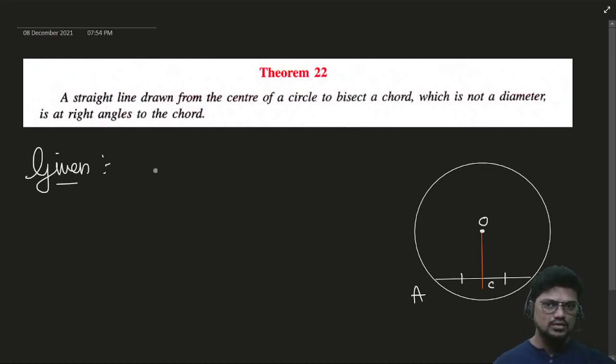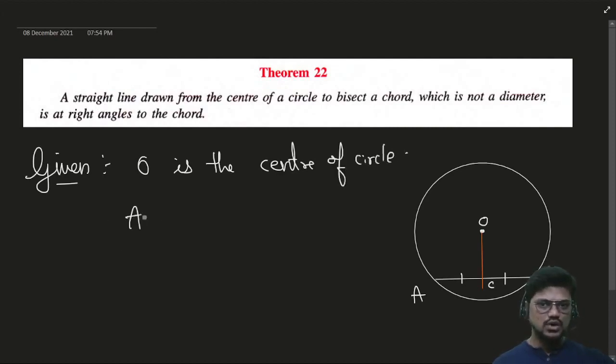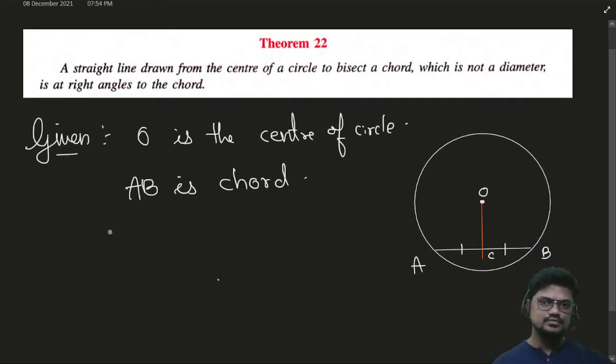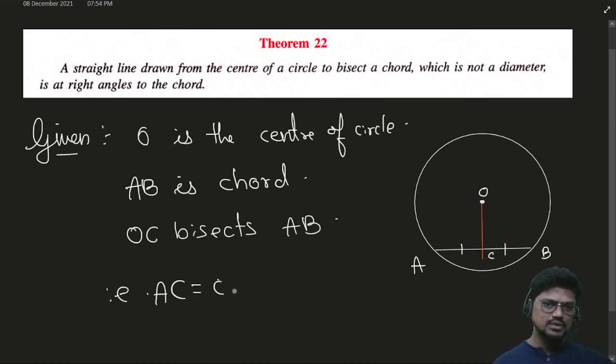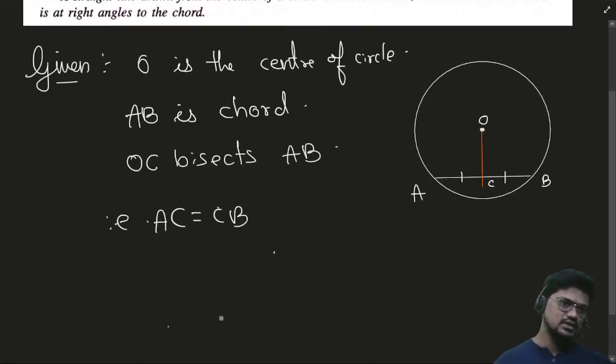AB is the chord. And OC bisects AB. That is, AC is equal to CB. This is all you have in the given.